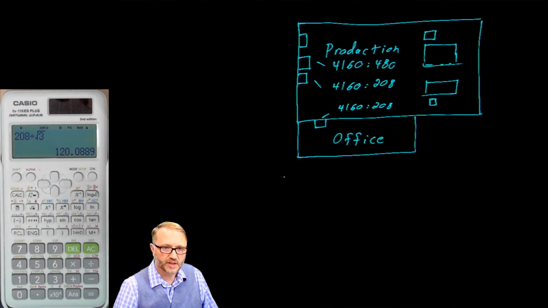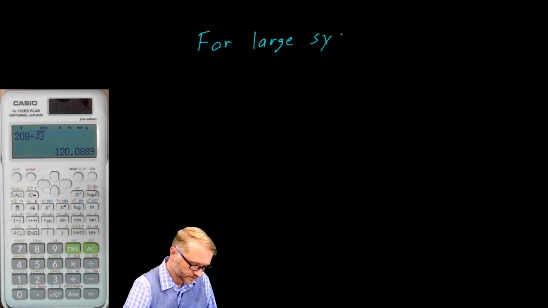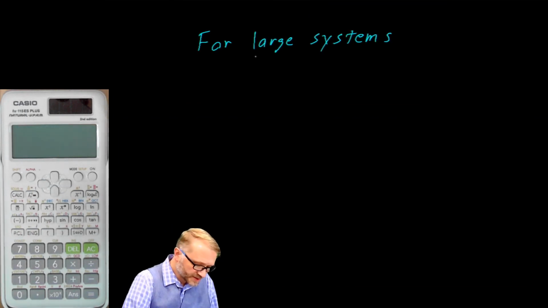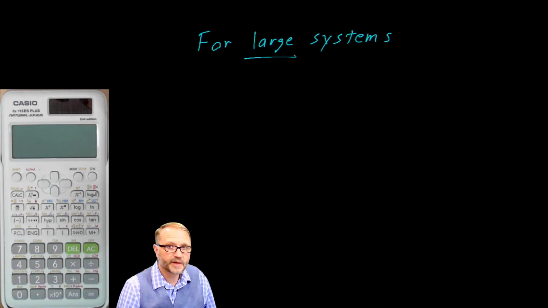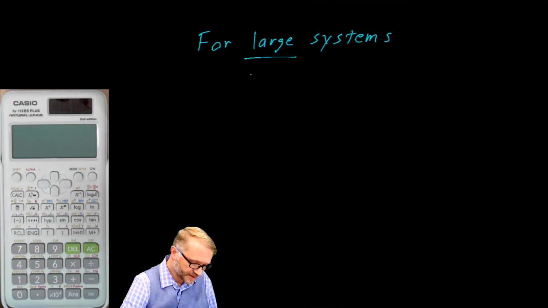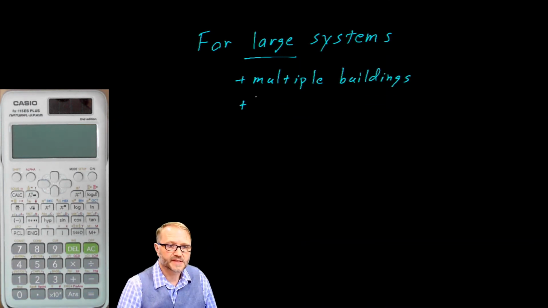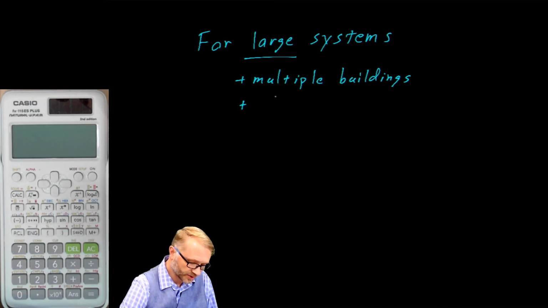As we move to even larger systems, there are more things to consider. When we use the term large, we could be referring to something like a campus with many buildings. We can also extend these thoughts to the system that feeds your home. So we could talk about neighborhood distribution.